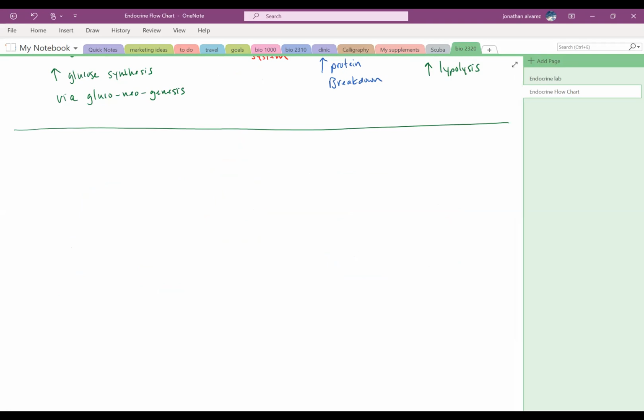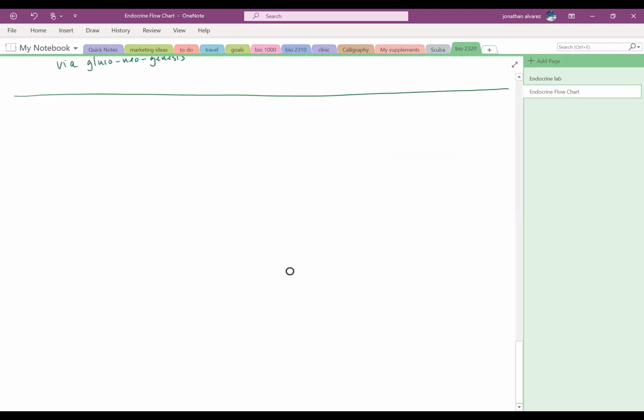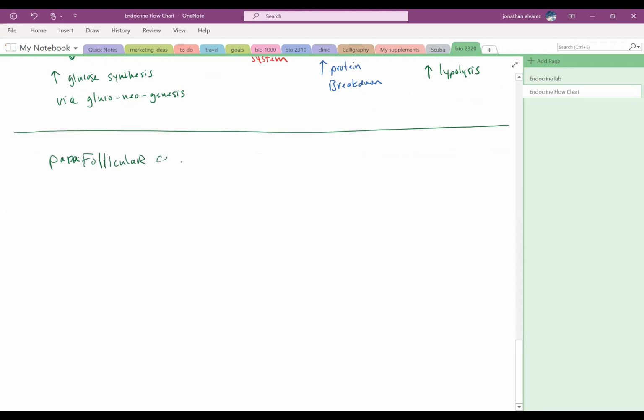The parafollicular cells in the thyroid release calcitonin, which goes to bone and tells bone to increase its calcium storage.